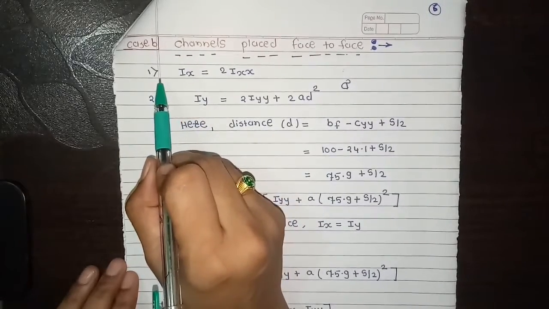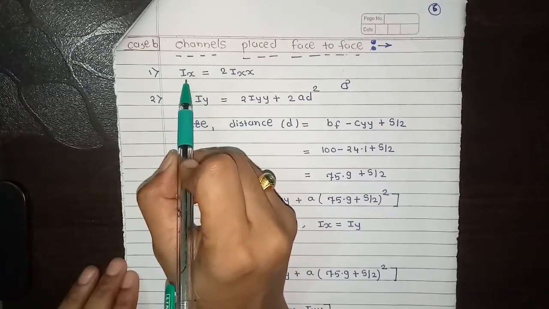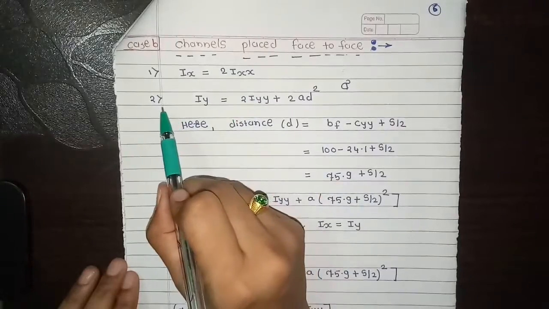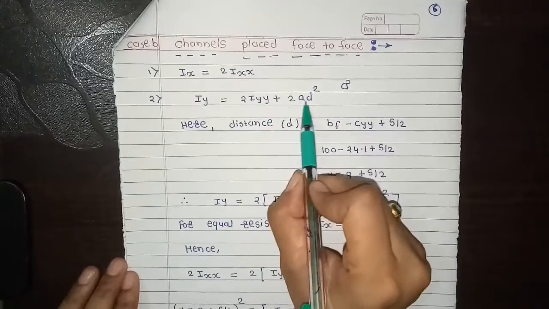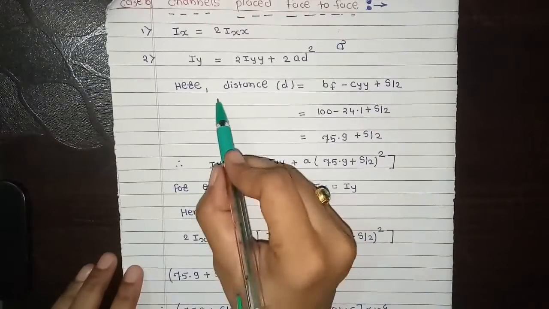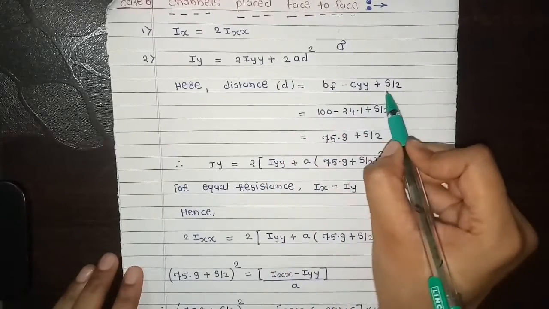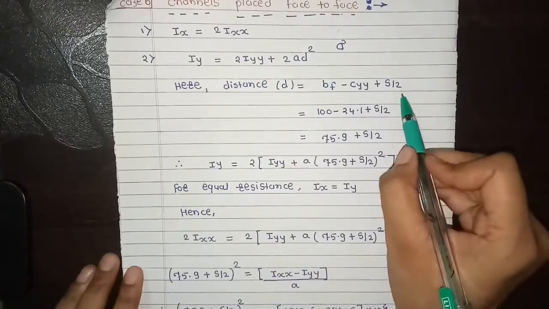First of all, we have to calculate the moment of inertia about the x-axis. So Ix is equal to 2Ixx, and Iy is equal to 2Iyy plus 2AD square. Here distance D is equal to BF minus CYY plus S by 2. This is the formula as per IS code.